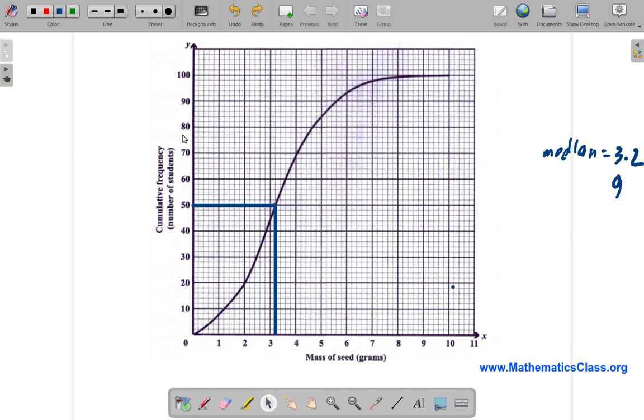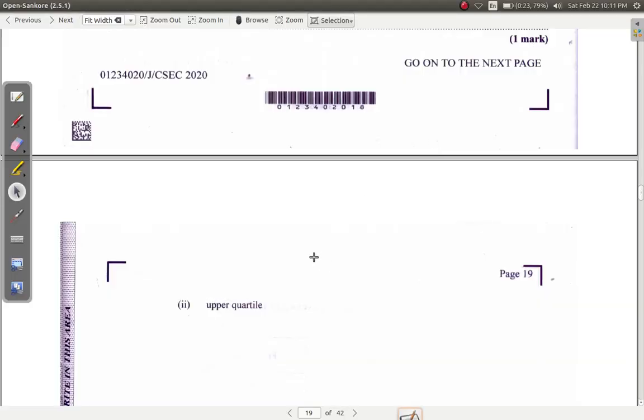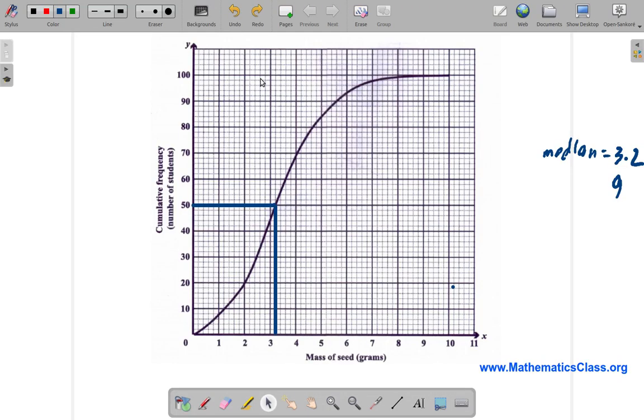Then the third quartile, the upper quartile, will be 75. So what it says here, you need to find the upper quartile. That means you're going to find what grams you have.